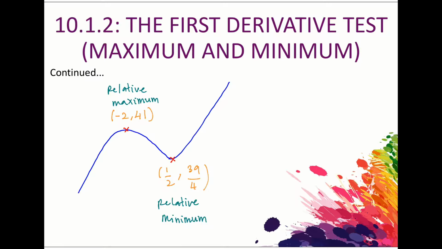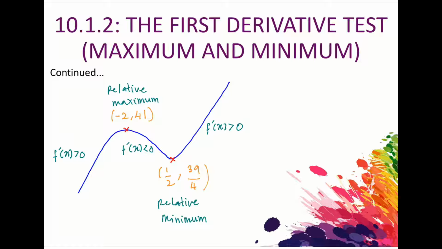So as we can see here, this is where f'(x) is greater than 0 or positive. This is where f'(x) is less than 0, which is negative, and this is where f'(x) is greater than 0, which is positive.